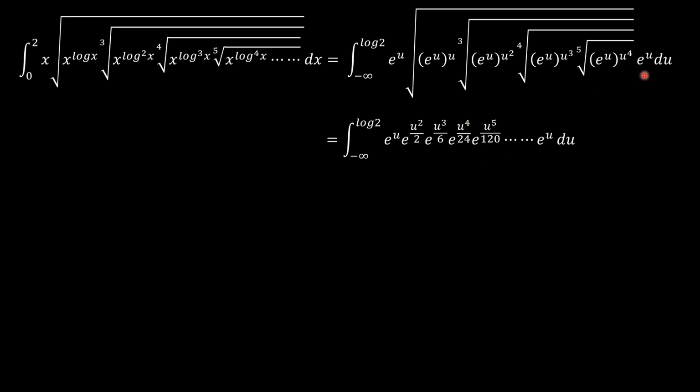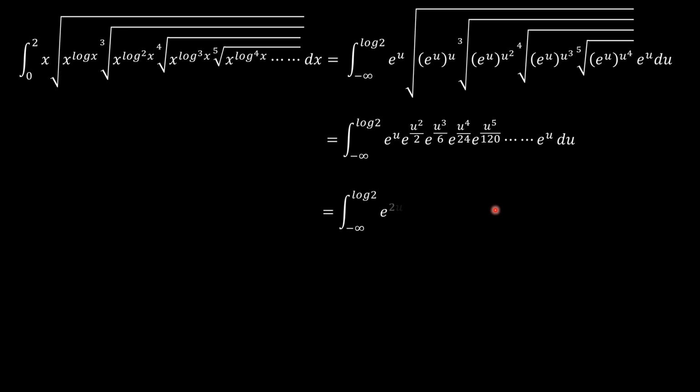And for the fifth root sign, we have u to the power 4 times u, which is u to the power 5, and then we have a fifth times a quarter times a third times a half. All that gives us 120, and therefore we have u to the power 5 over 120, and in place of dx we have obviously e^u du. And so we can simplify that further by collecting like terms.